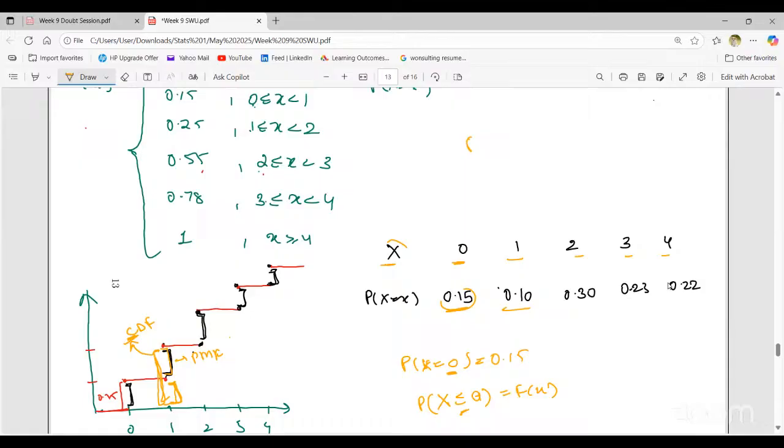So if I'm calculating the probability of X less than or equal to 2, this will be the probability of X equals 0 plus X equals 1 plus X equals 2. Got the point? This is my CDF. I'm taking the cumulative, adding all the probabilities. Now you got the difference? Is the CDF part now clear? Now can you solve the question? Yeah, ma'am. Thank you.